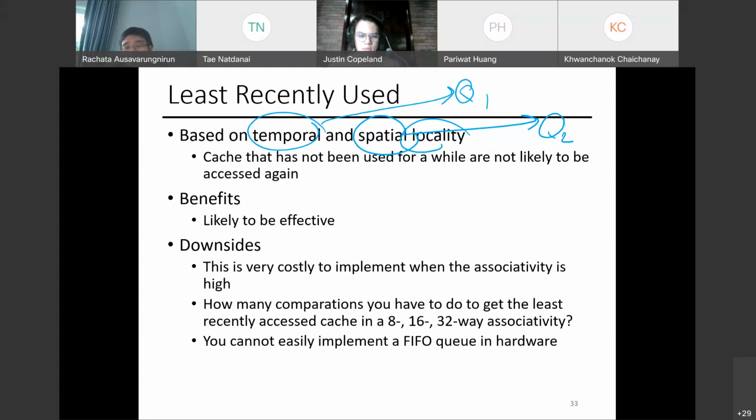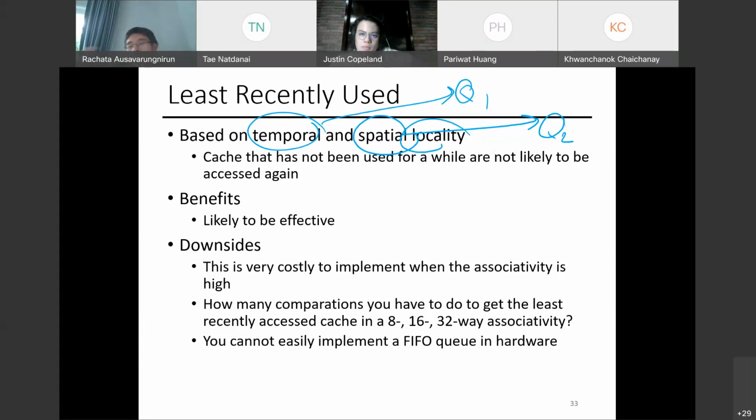Imagine you have a fully associative cache. It means that you have to compare every single block and see which one is the least recently used, right? Basically find the minimum, and somehow you also have to keep track of a timestamp. When did I access it? How do I do that in hardware? So it's not easy to implement this.